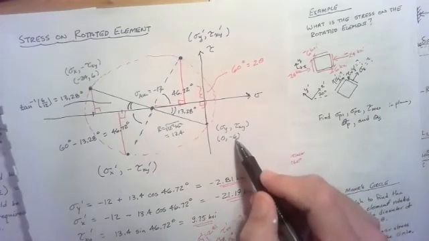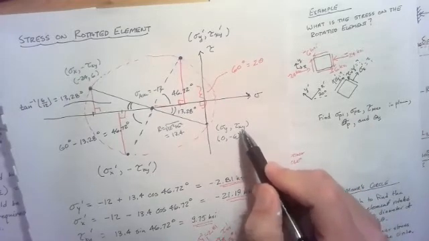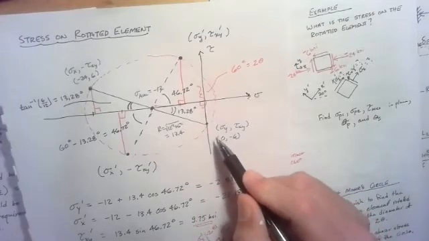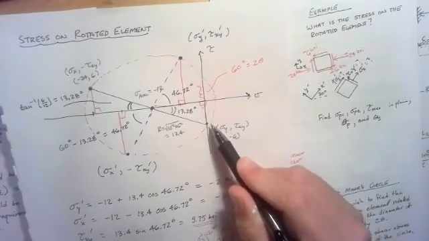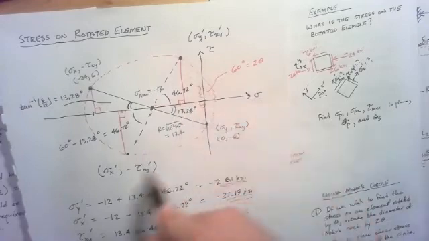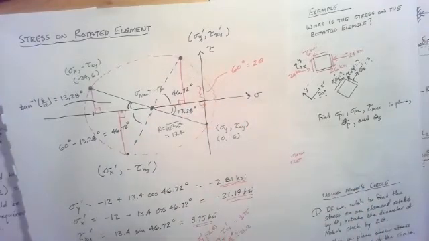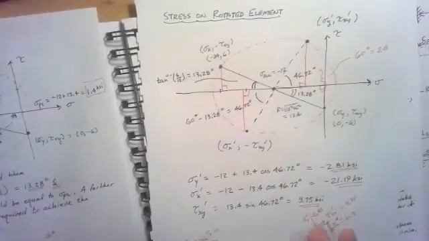So negative 6 is actually the value of tau xy. So whatever the tau coordinate of this point is, whenever we rotate, our diameter is also going to be the value of tau xy for whatever element we end up with. So we've got the 2 points that we need to draw the diameter of Mohr's circle.